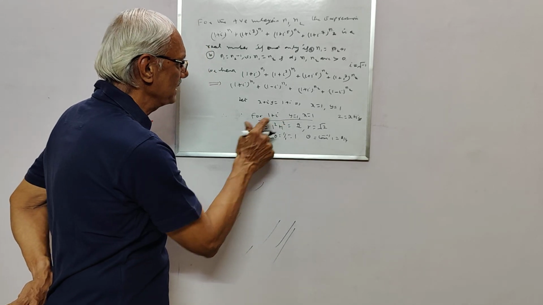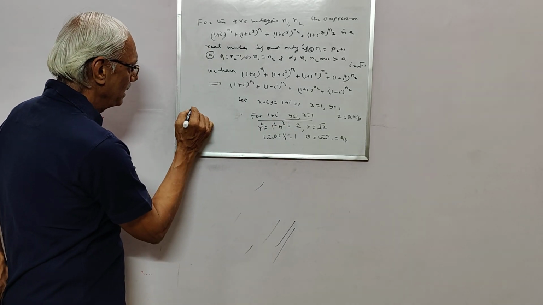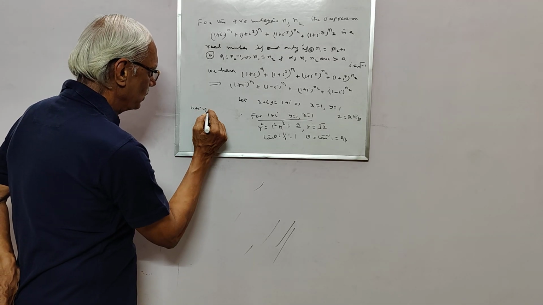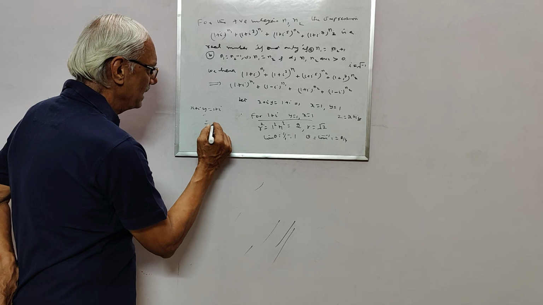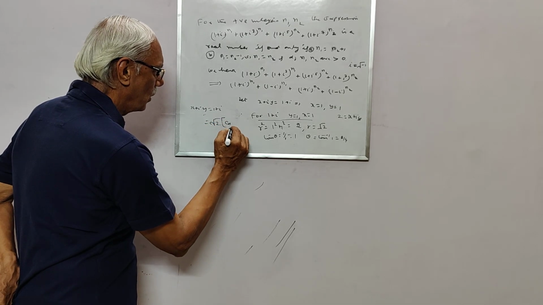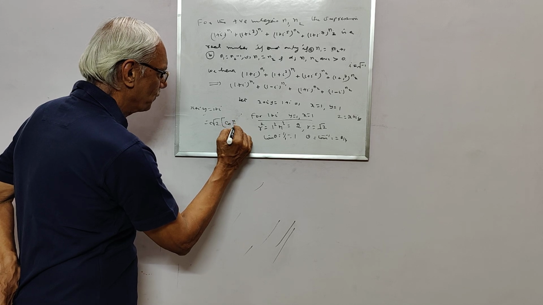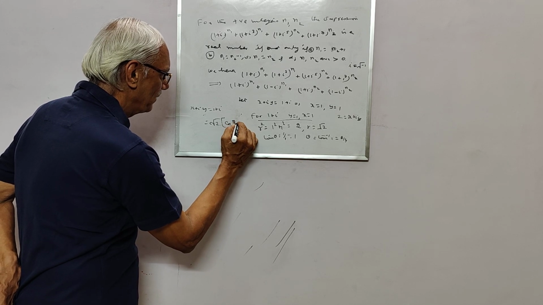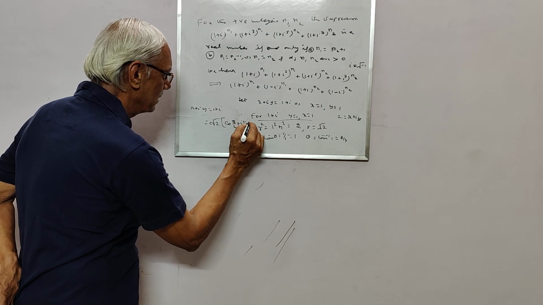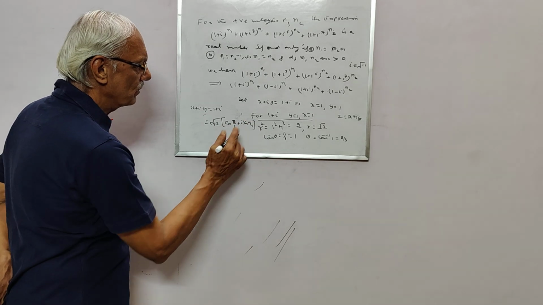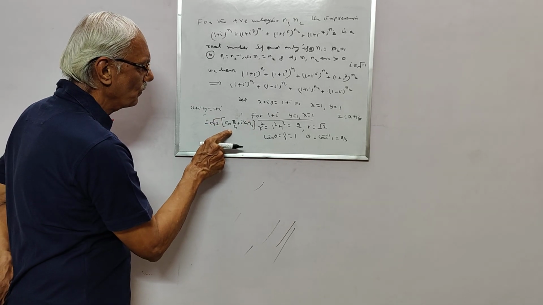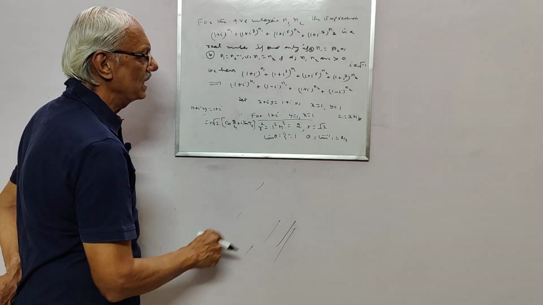So how will you express this? Therefore, you can write the number 1 plus i as root 2 into cos pi by 4 plus i sin pi by 4.